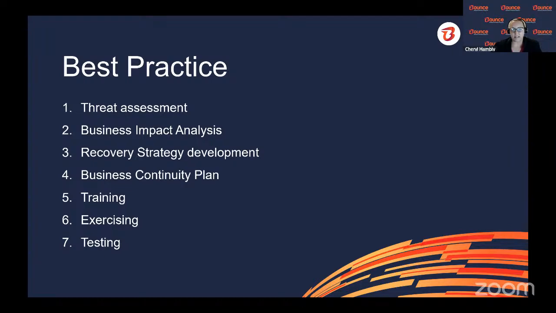The business impact analysis, we'll go through that in terms of what that actually entails. The recovery strategy development, which is a process of developing out some recovery strategies that would lead into your business continuity plan. Then your business continuity plan, then your training, your exercising and testing. So we'll go through each of these different components and we'll pause after each just to identify any questions that you may have and go through any contributions that you've got at that point.